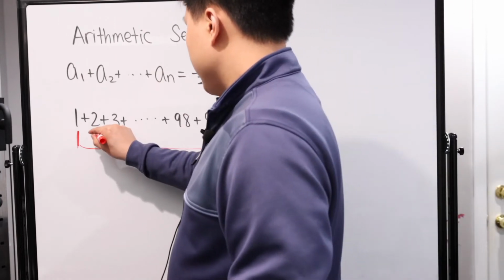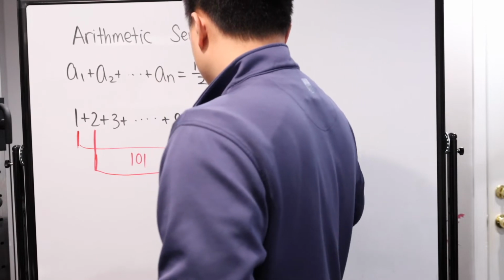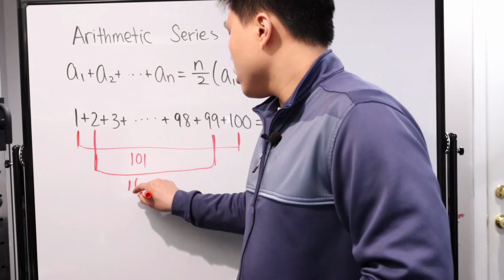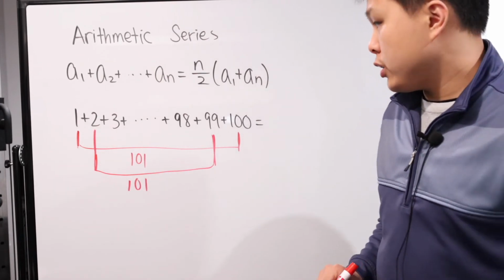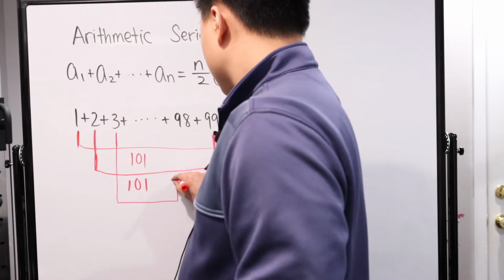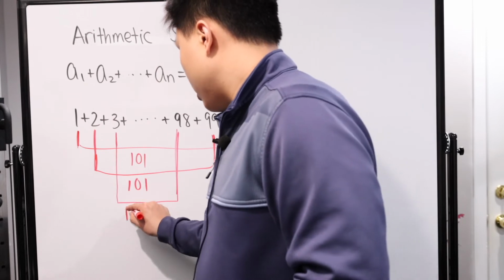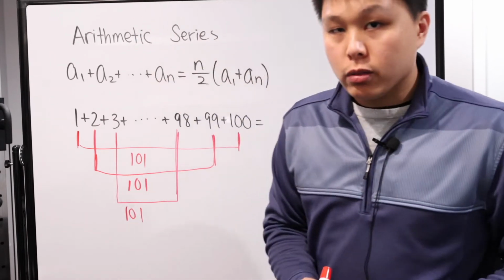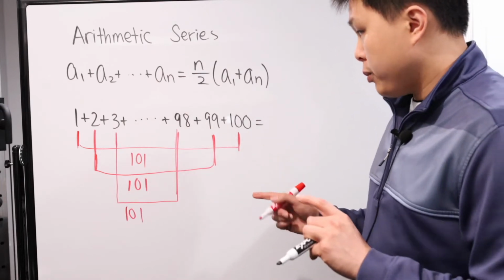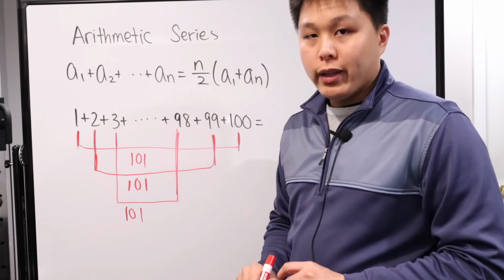But if I add the second term and the one before the last one, 101. Interesting. Third term and third backwards, 101. The fourth term and the fourth backwards is still 101. The fifth and the fifth backwards, 101. It's always going to be 101.